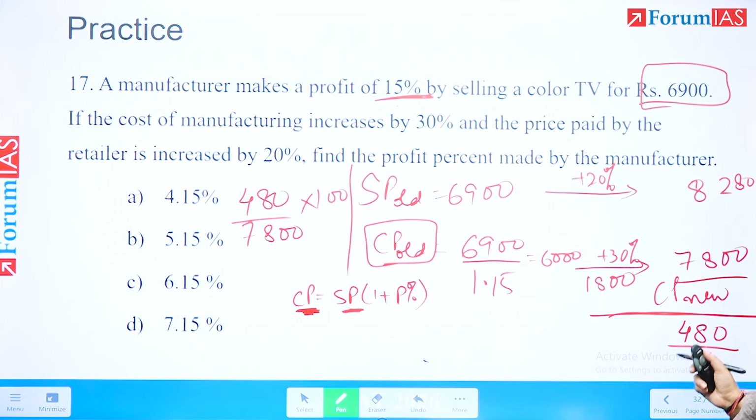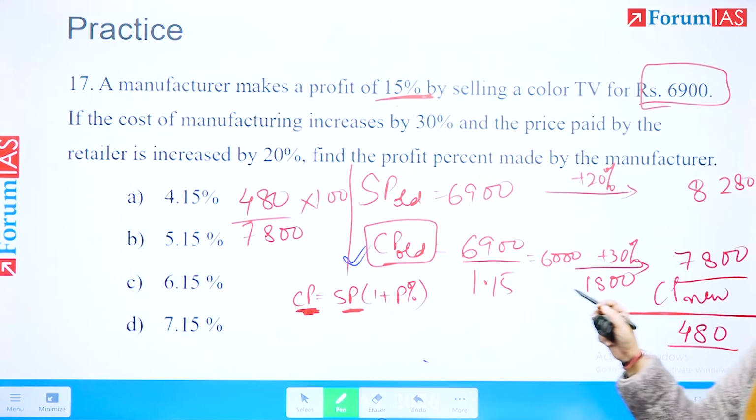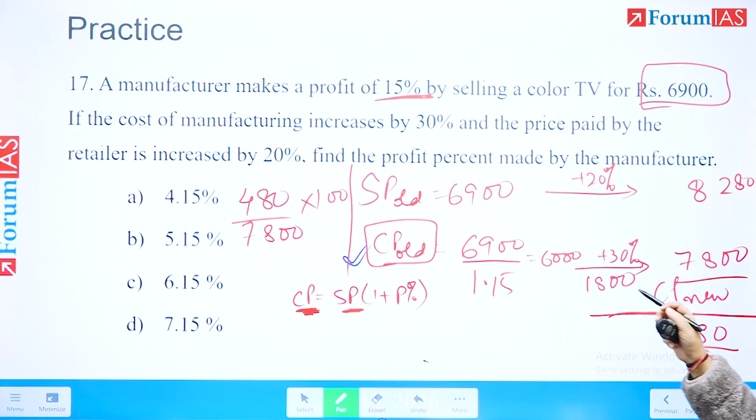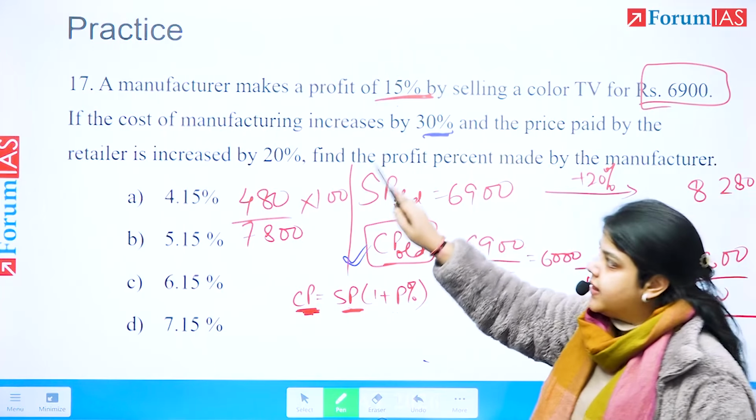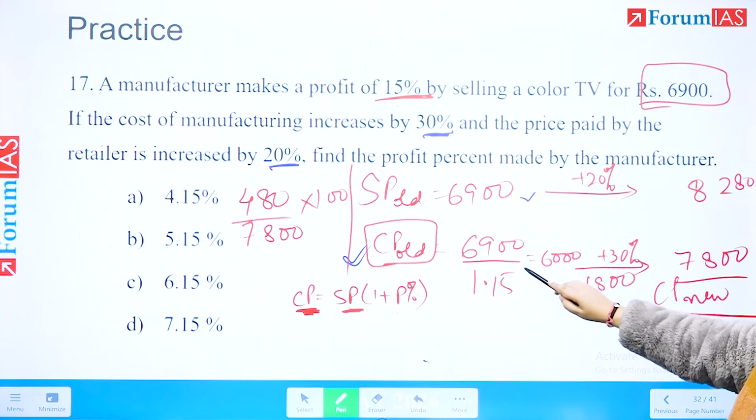Read every statement carefully. Manufacturer makes a profit of 15% by selling the TV. Selling means sale price. Profit percentage given. The only thing we can find is cost price. So we find the cost price. Okay? Try solving it at home. Cost price आ गया. We also know that the cost price increased by 30% and the selling price increased by 20%. इस पे 20% increase लगा लिया और इस पे 30% increase लगा लिया. ठीक है? उससे नई prices आ गई.